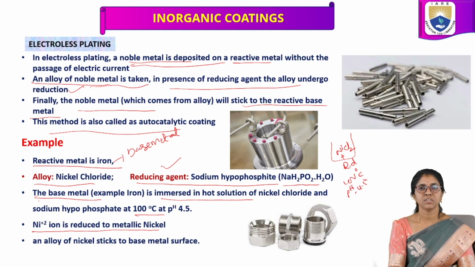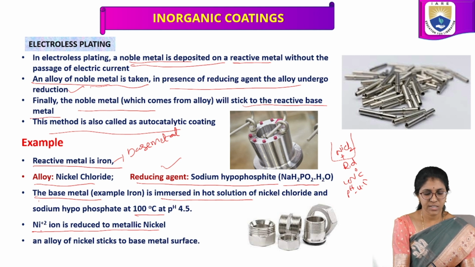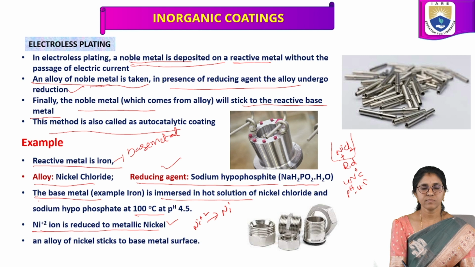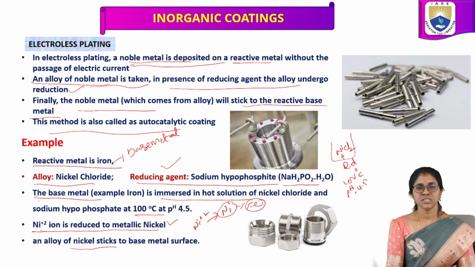The Ni2+ ion reduces to metallic nickel, and this nickel sticks to the base metal surface. This is the process of electroless plating.